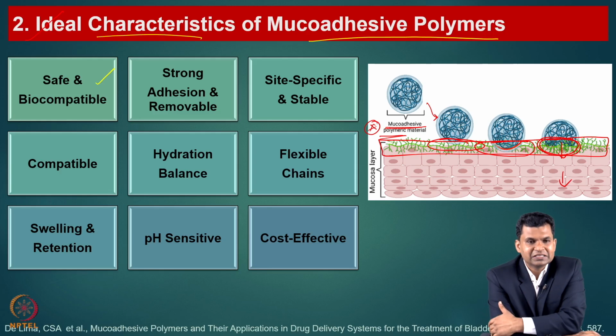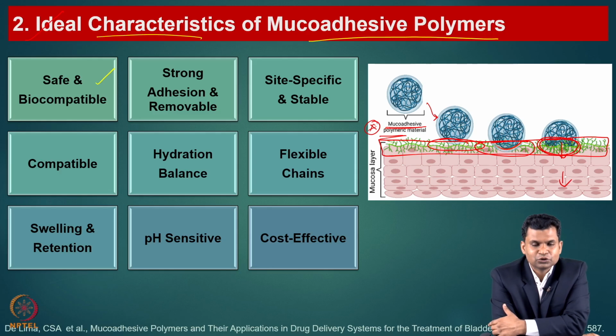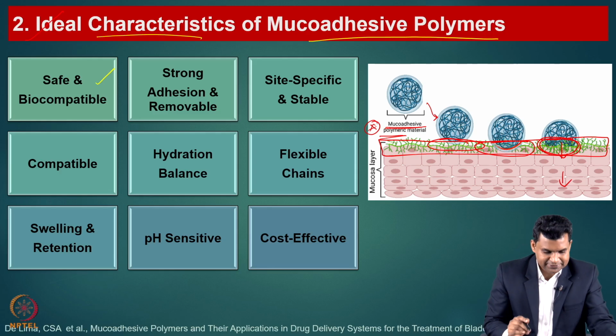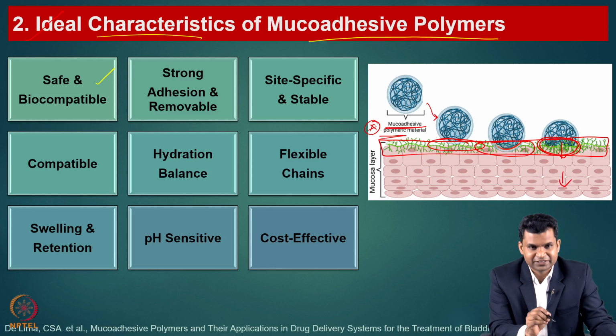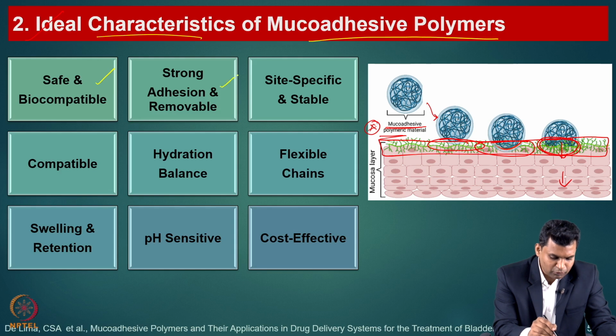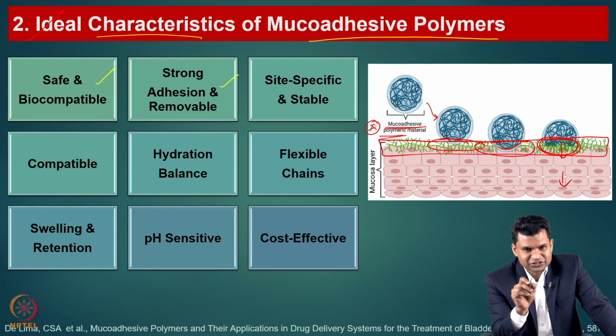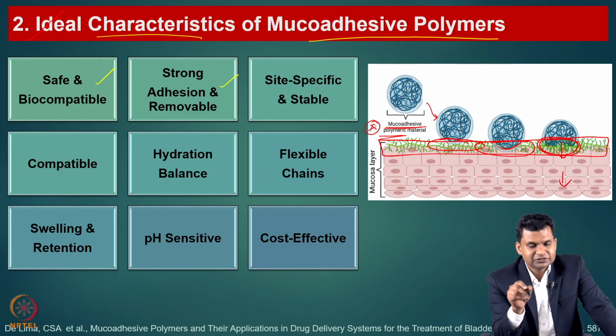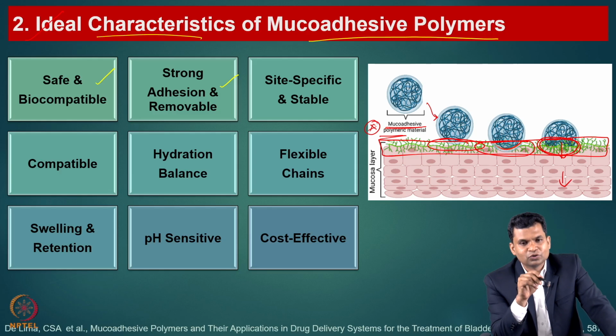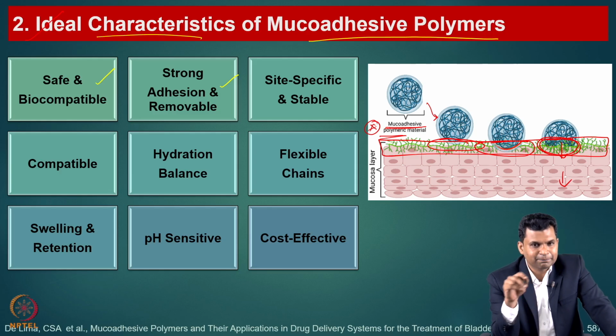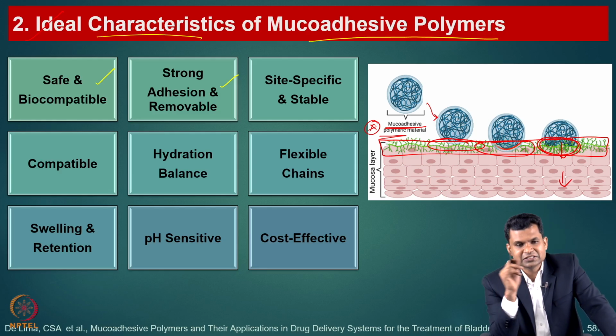There are many studies on biocompatibility. Especially cytotoxicity and hemolysis are the two major studies we perform for various nanomaterials for biological applications. As we discuss this point, your material should have strong adhesion as well as be easily removable, because when you want to terminate the therapy, it should be easily removable.